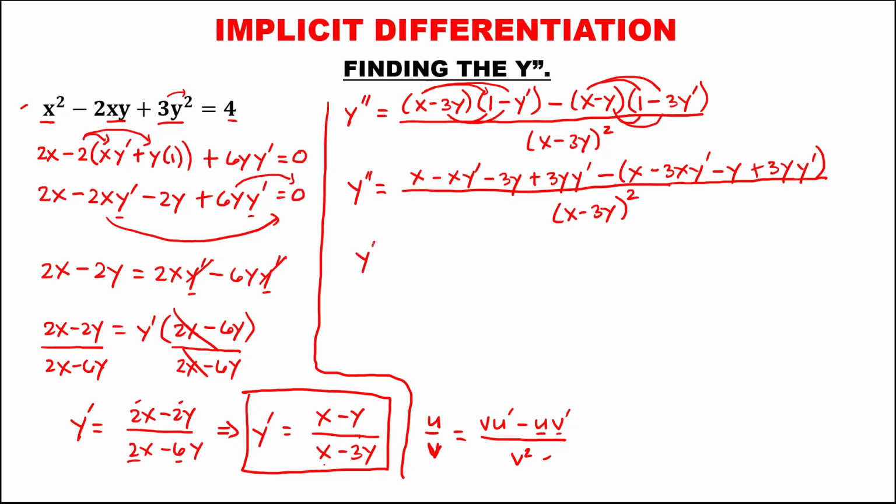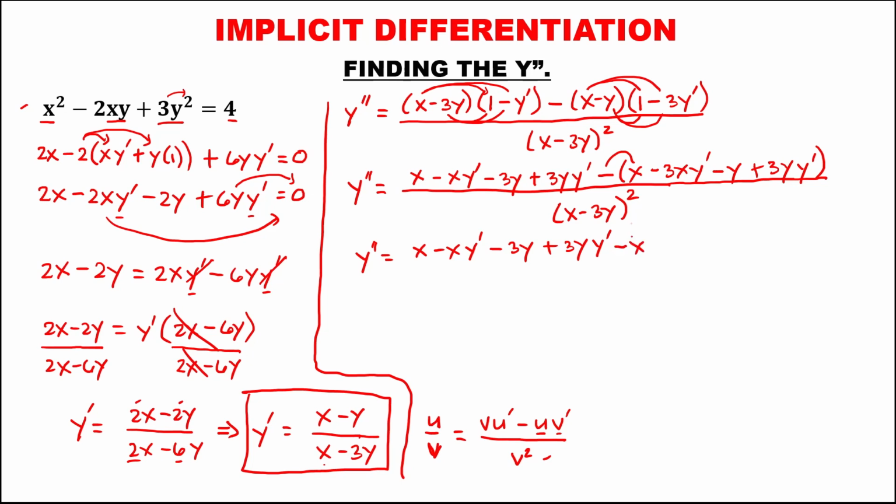Then we can simplify. So we have x minus x y prime minus 3y, then plus 3y y prime. Then distribute this negative.